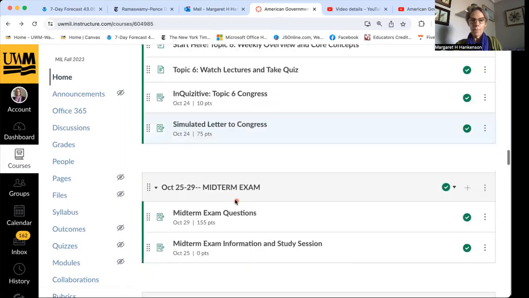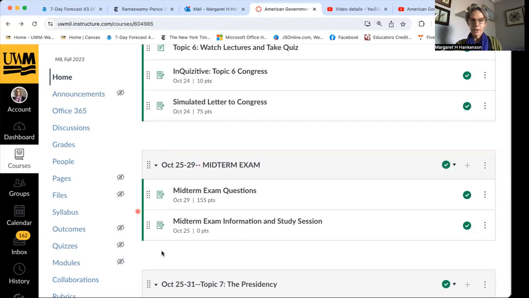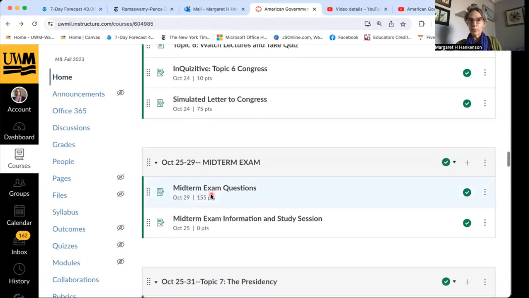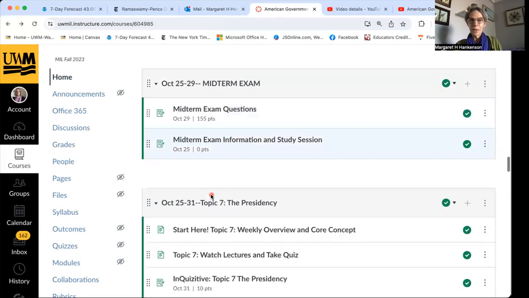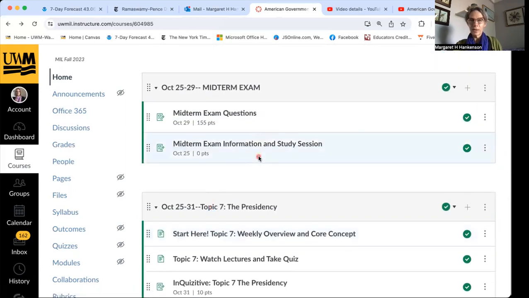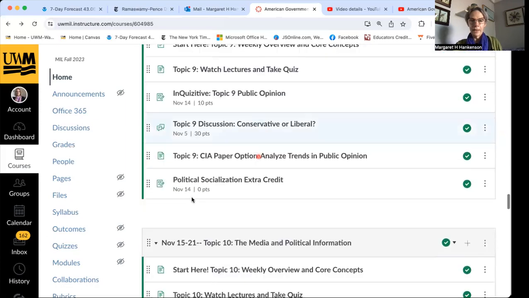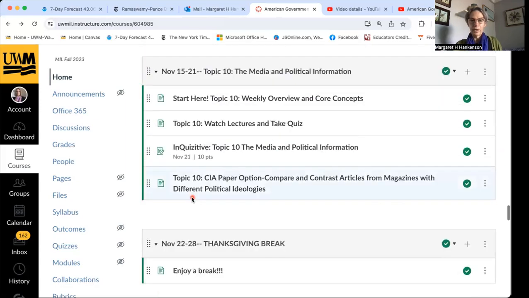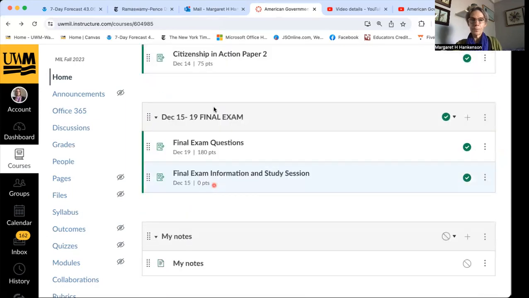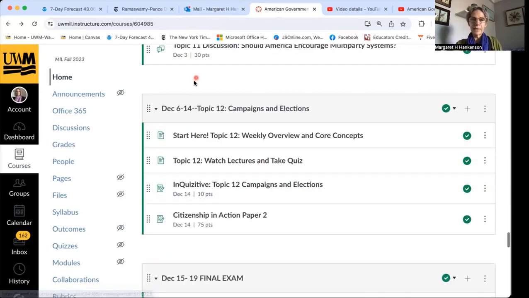And then there's a module dedicated to the midterm exam. So right now you can learn about what the expectations for the midterm exam are. There's a study session, a Zoom study session you can get information about. Same with the final exam. So that's basically how the Canvas site is organized.